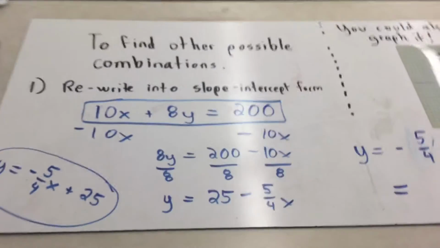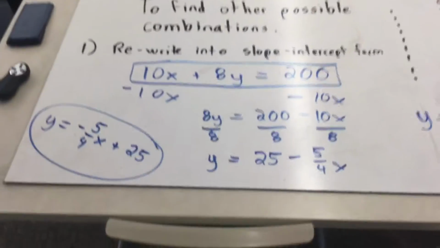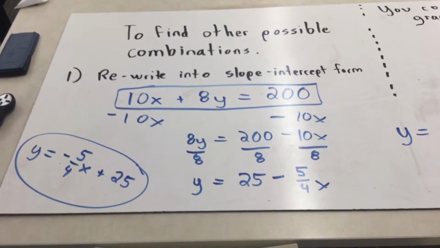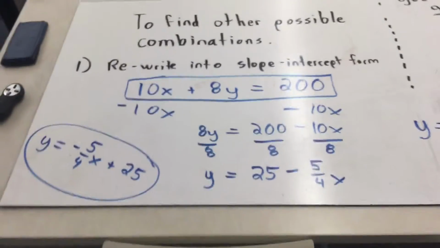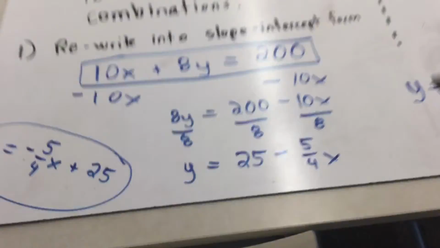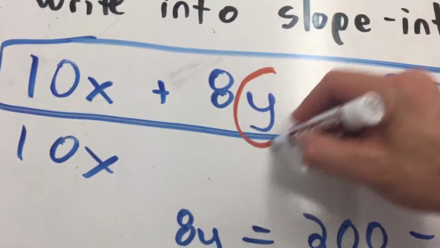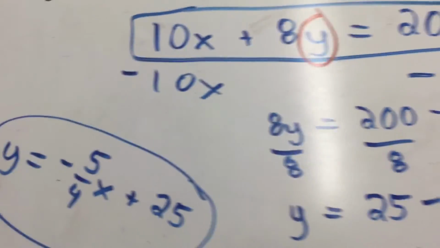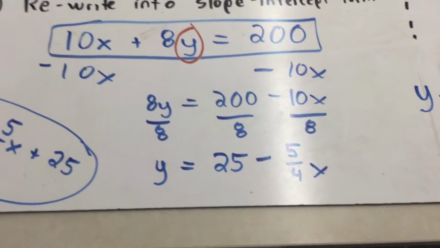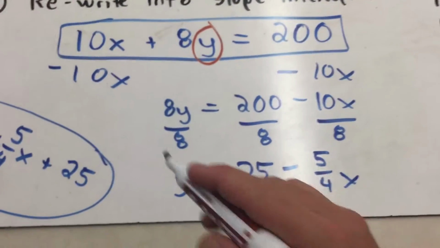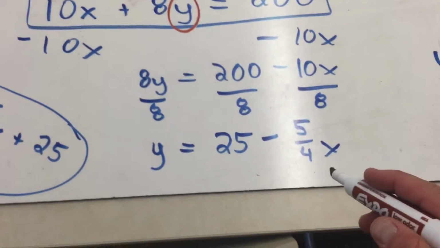So one thing we can do to find other possible combinations of hours worked is rewrite it into slope-intercept form. The goal here is isolating y, getting y all by itself, so I take away the variable term x over to the other side using inverse operations. I divide out the coefficient, and there I have it.